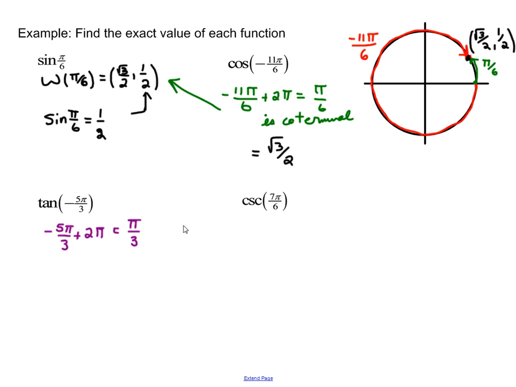We know that pi over 3 is located over here in this first quadrant. And so for pi over 3, as we showed in the last video, the cosine of pi over 3 is our x-coordinate, and the sine of pi over 3 is our y-coordinate, radical 3 over 2, pardon me.